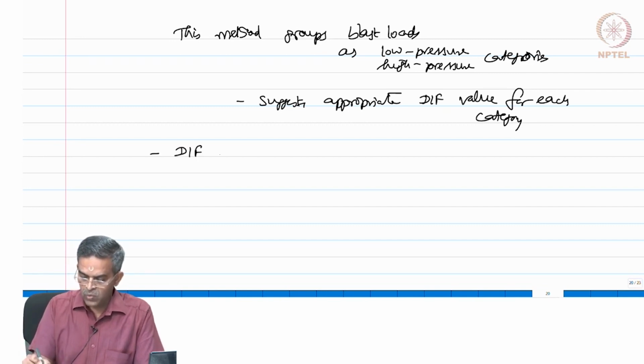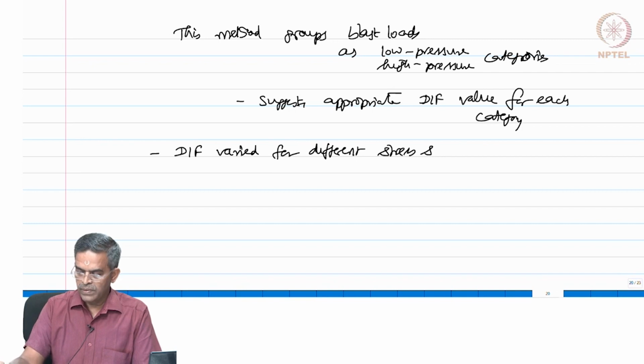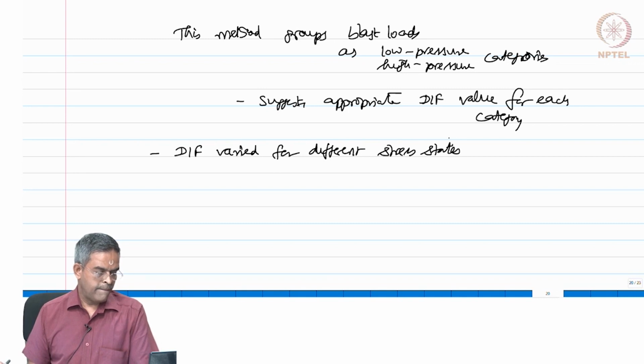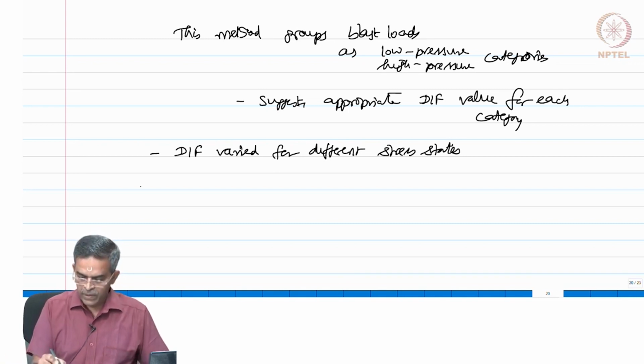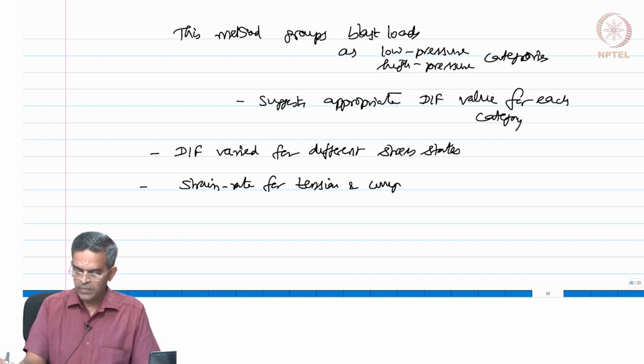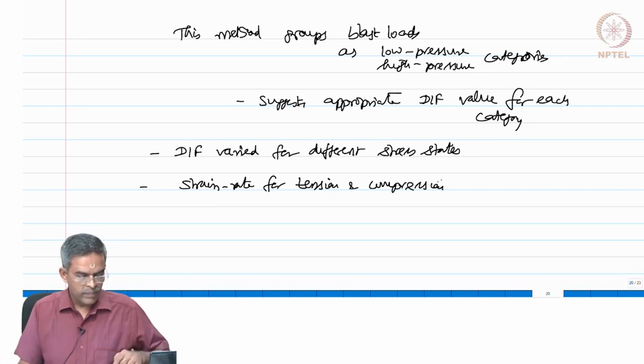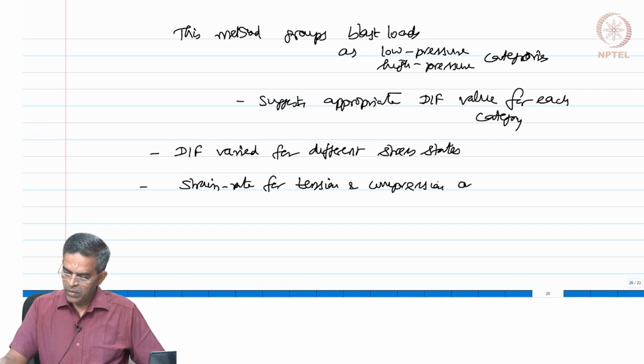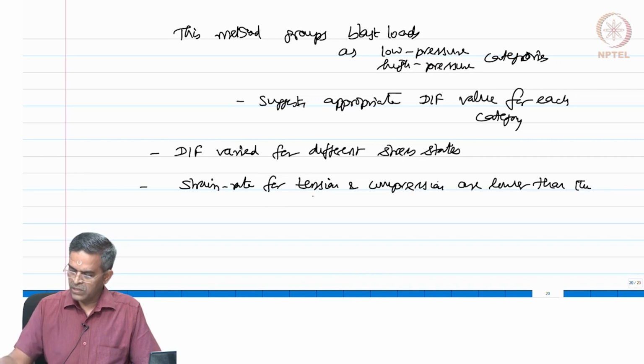DIF value is also varied for different stress states. Further, the strain rates for tension and compression are lower than that for flexure.